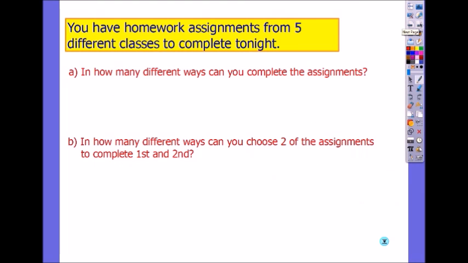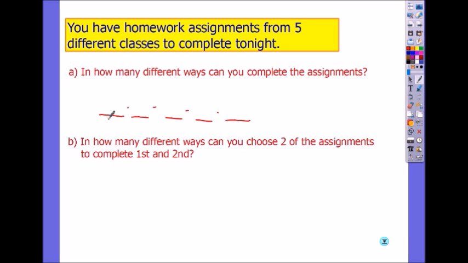Let's look at this example question. You have homework assignments from 5 different classes to complete tonight. How many different ways can you complete the assignments? How many ways? So how many events do you have? 5 classes.